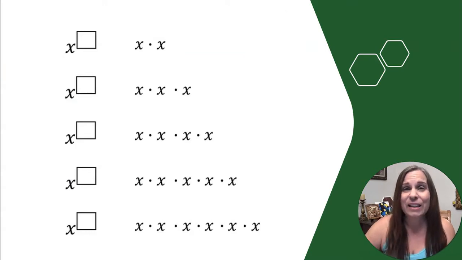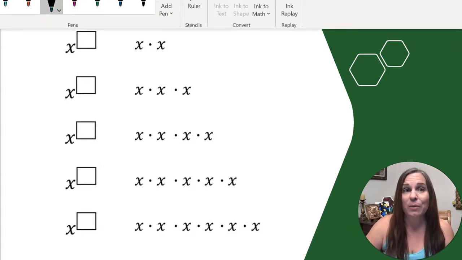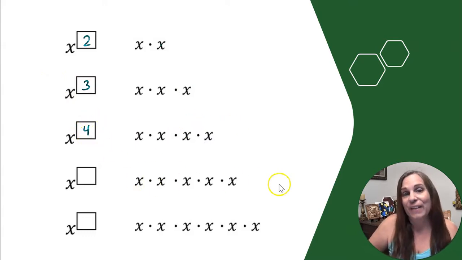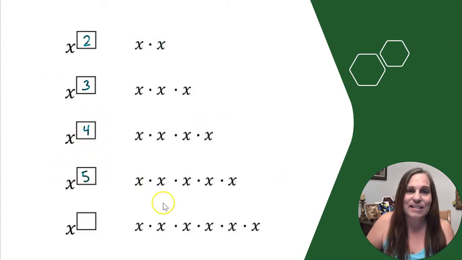All right, let's take a little deeper dive into exponents. So here I've got some exponents written out, right? So the first one, x times x. Well, x times x is going to be x to the 2nd. And if I have 3 x's now that I'm multiplying all together, x to the 3rd. 4 x's, 5 x's, 6 x's, right?